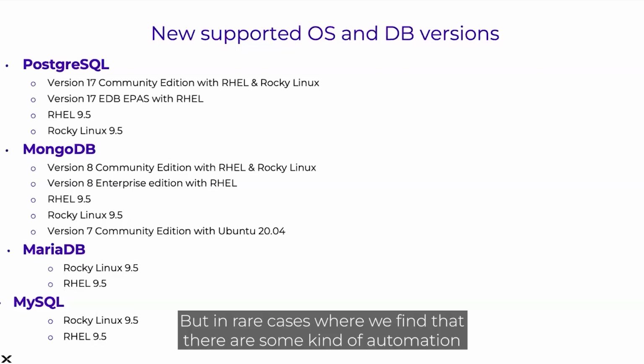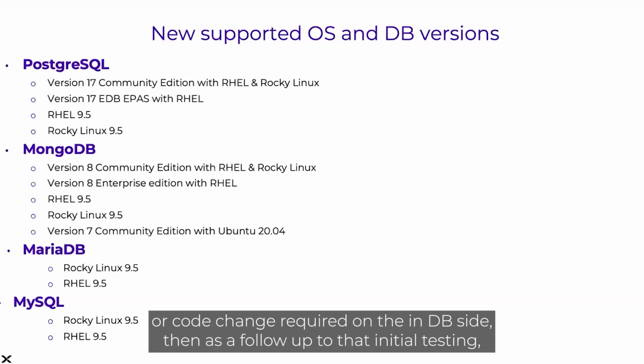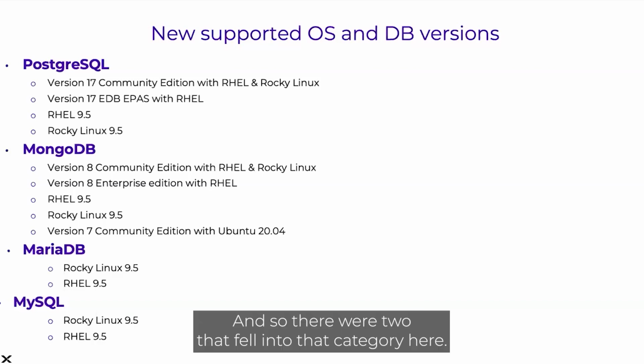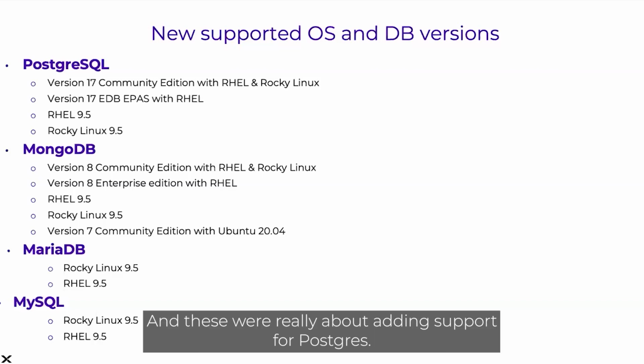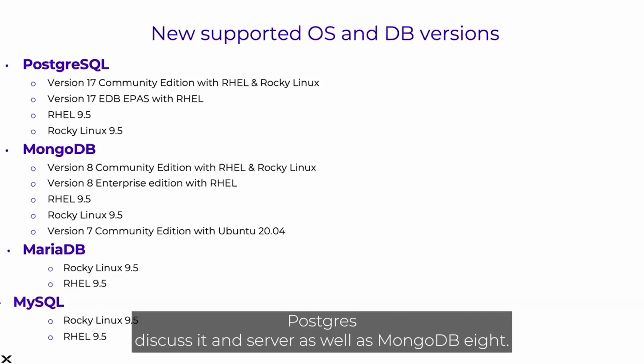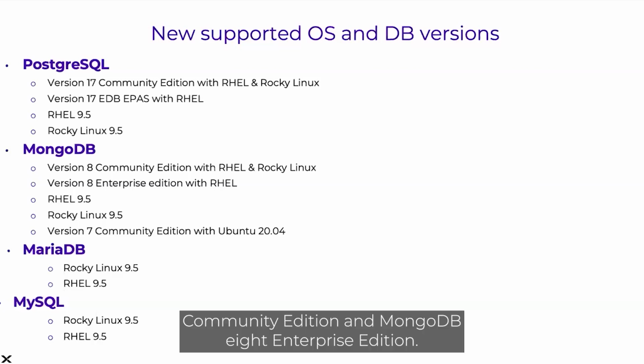But in rare cases where we find that there is some kind of automation or code change required on the NDB side, then as a follow-up to that initial testing, we will make those code changes and then package those as part of a follow-up release. And so there were 2 that fell into that category here. And these were really about adding support for Postgres 17, both community and EDB Postgres Advanced Server, as well as MongoDB 8 community edition and MongoDB 8 enterprise edition.